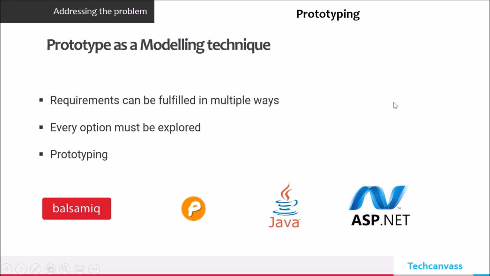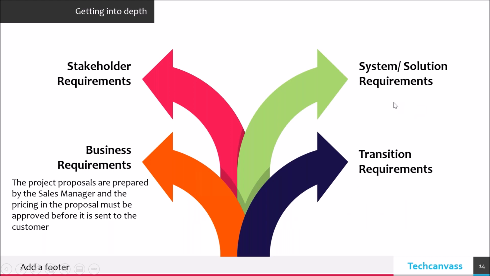Let's take another example. In this case, we are talking about an ERP system where there are project proposals. There's an organization which offers services to its customers. So customers ask for the services and they submit a proposal.